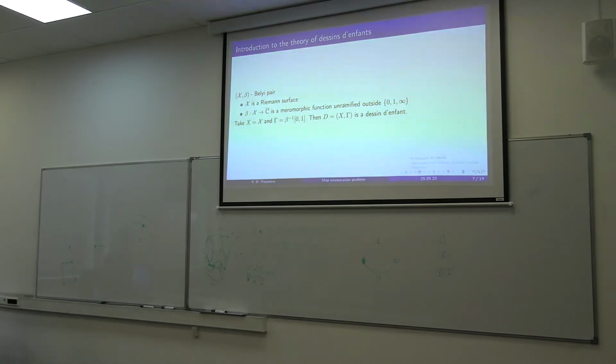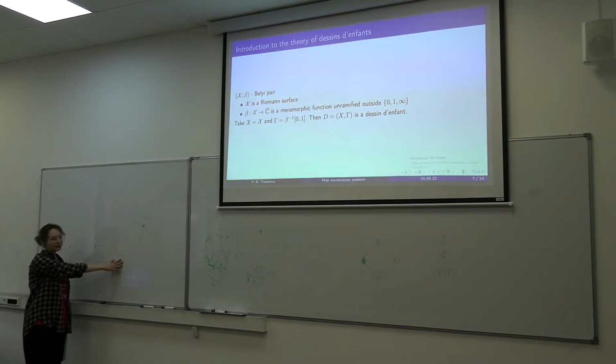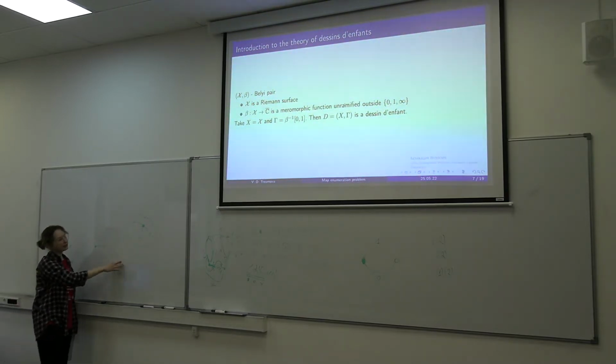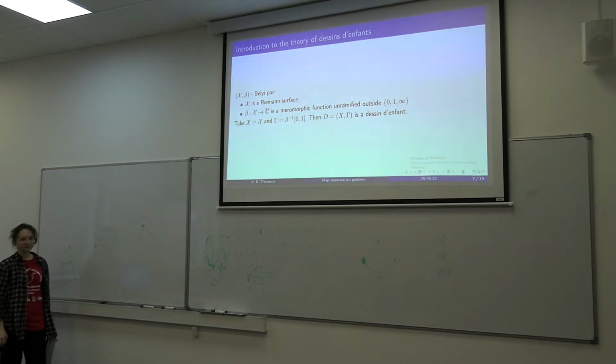So let me introduce the third language we can use to study our drawings. That is Belyi pairs. And this is more from algebraic geometry. Because we started with topological surfaces and graphs embedded in them, this is language number 1.